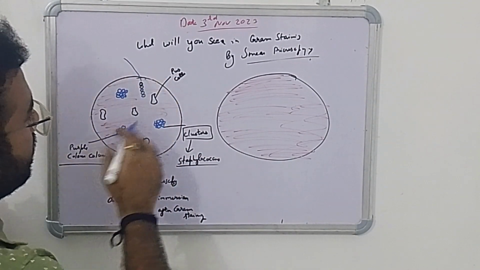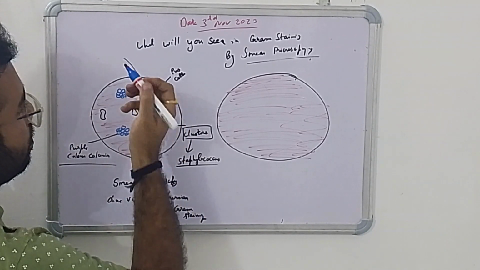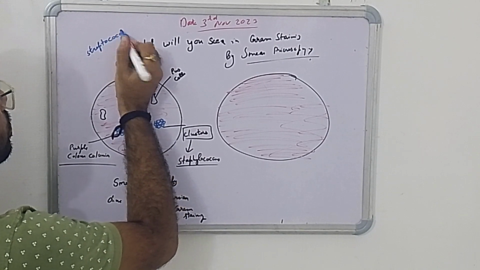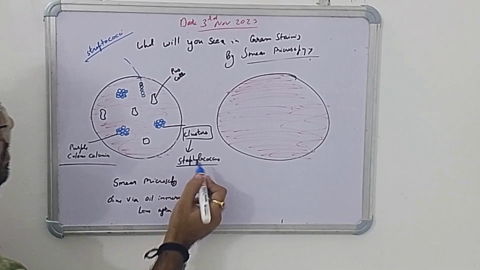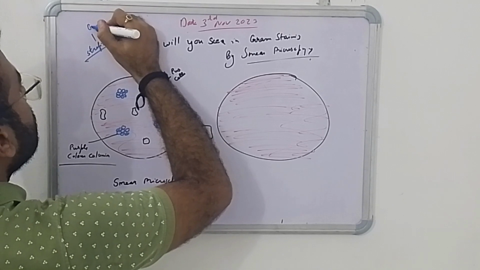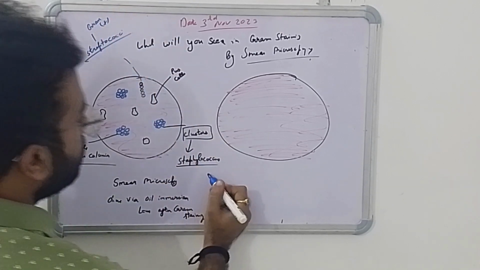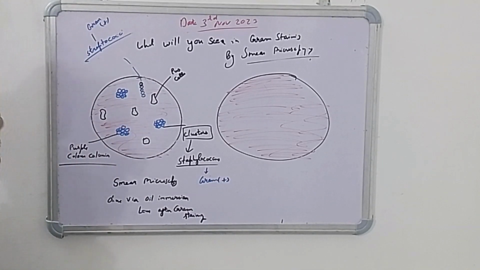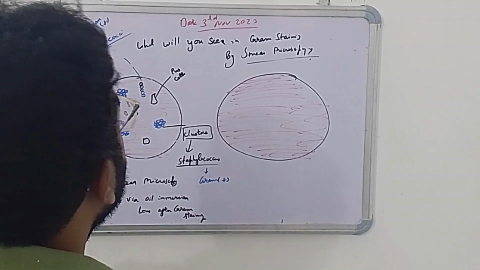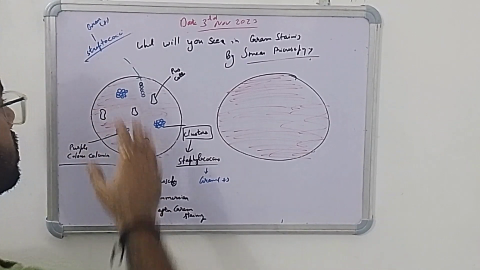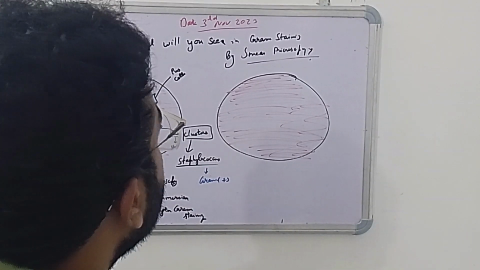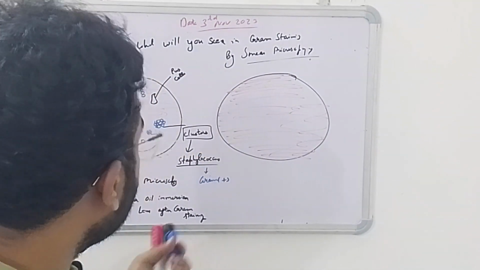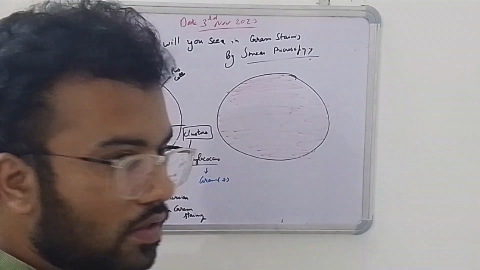If you see only chains or pairs, then you can say it's streptococci. It is also gram positive. It depends on what smear you have produced. If there is only staphylococcus, you will see only clusters, with no chains. But nowadays you can also see mixed, both gram positive, but with presence of other organisms also.